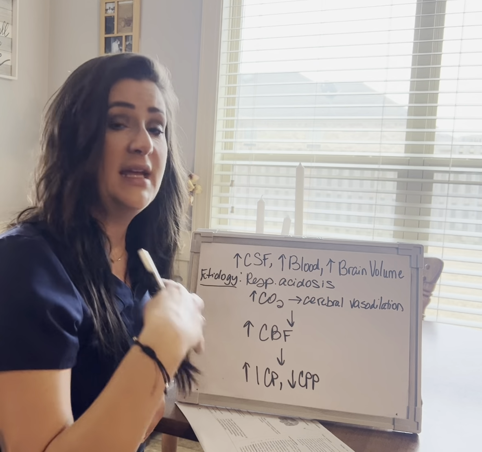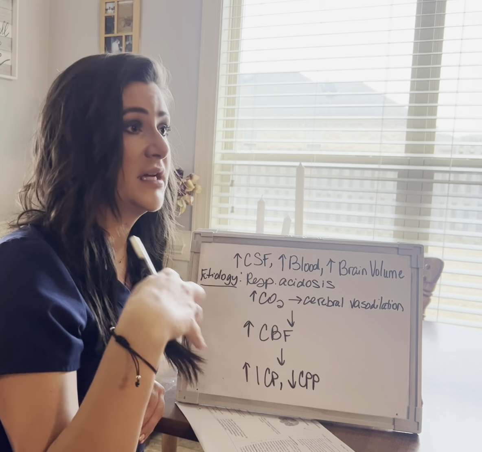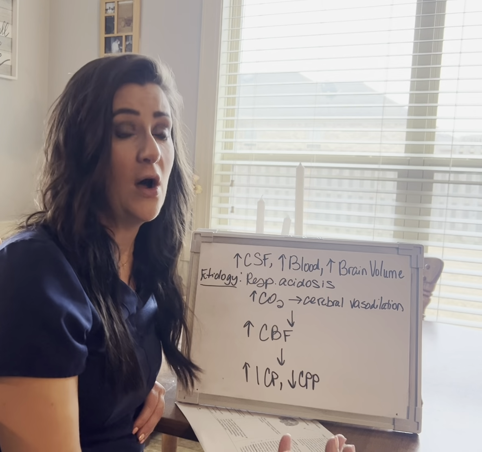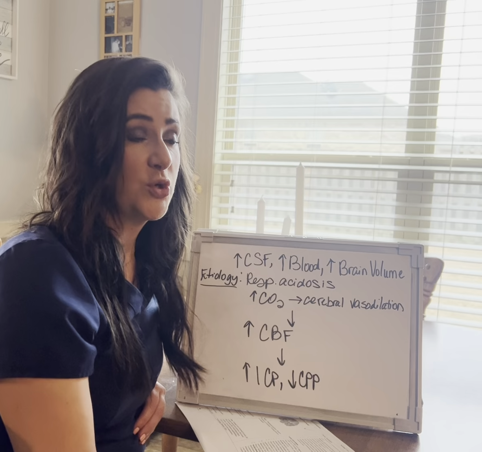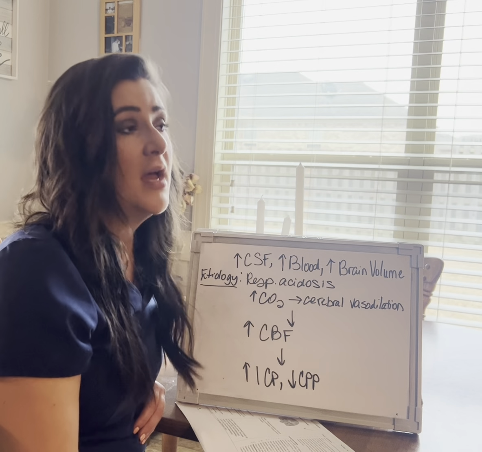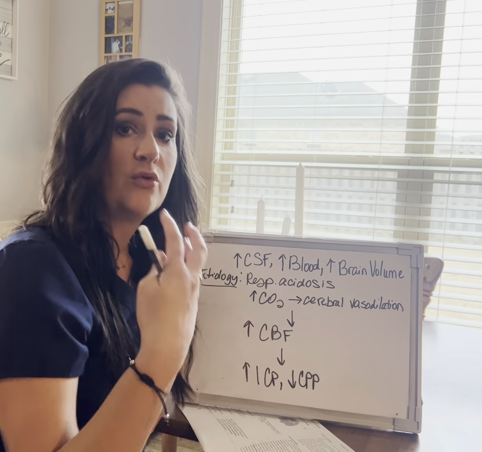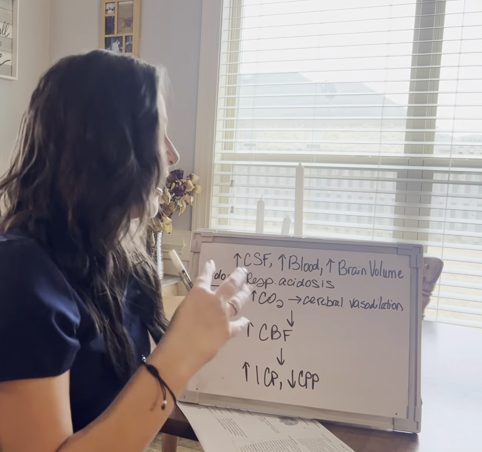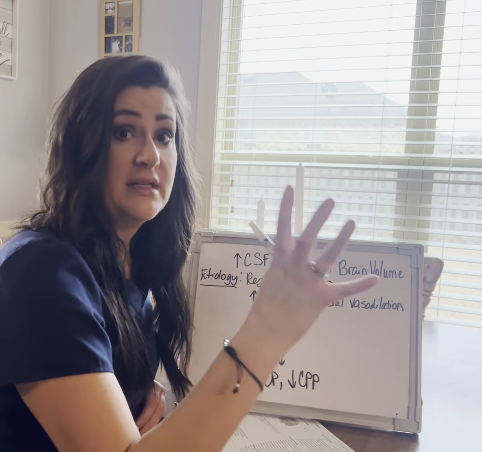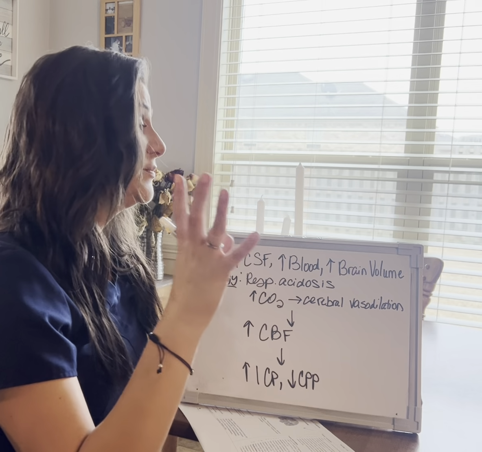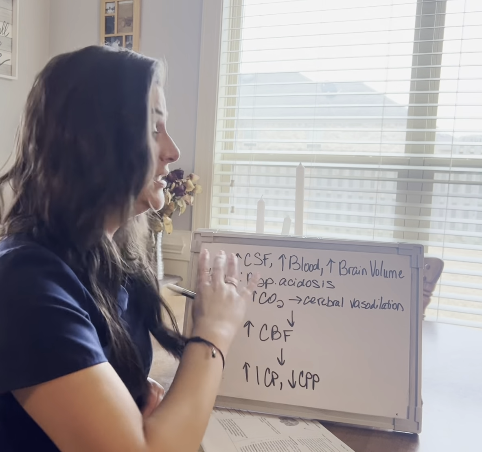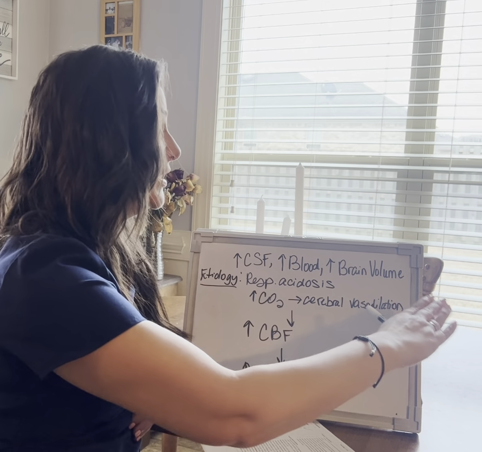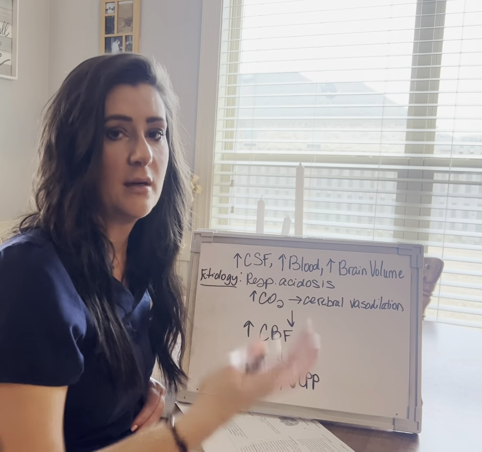So, any of that cytotoxic edema when neurons die off after strokes, or vasogenic edema. So any cerebral edema, an increase in that increases the brain volume. And that's called the Monro-Kellie doctrine. So that just means that any increase in any one of these three components leads to an increase in ICP, okay?